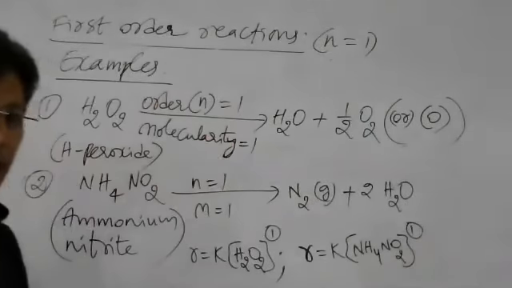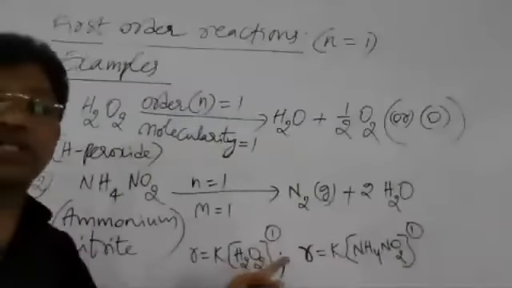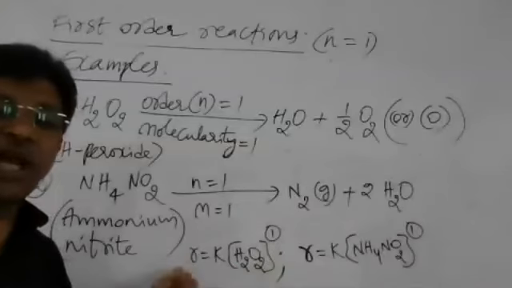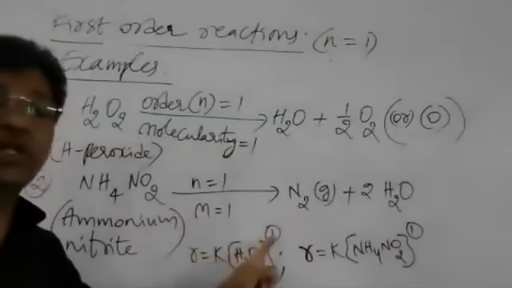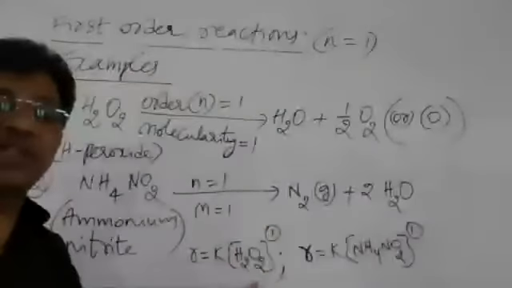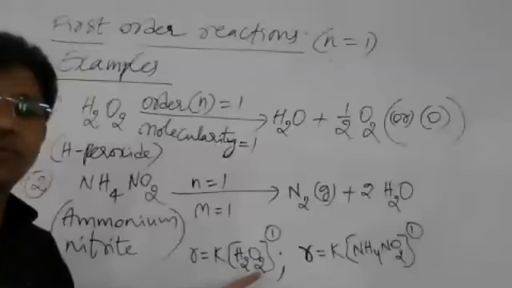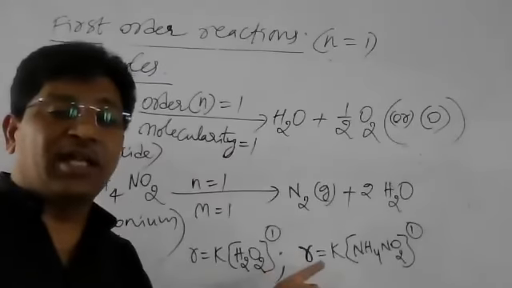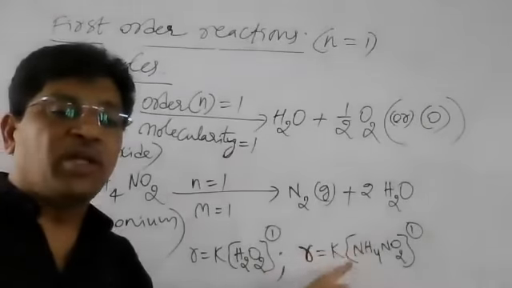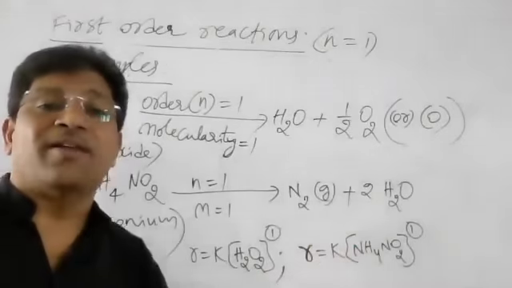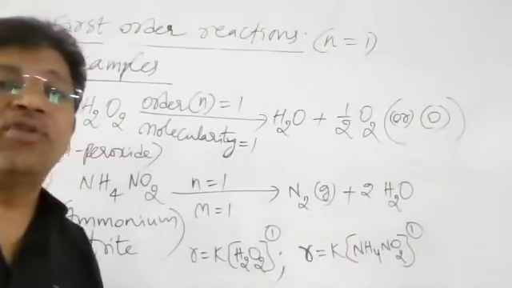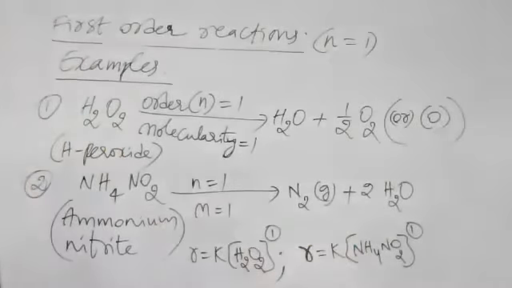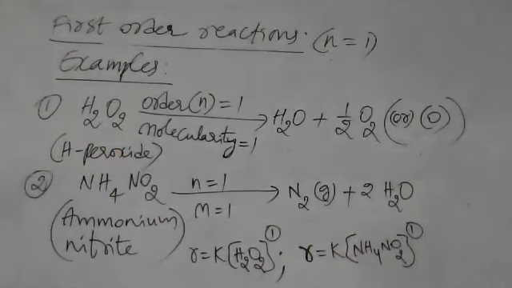Both are first order reactions. Meaning the rate of reaction is directly proportional to the first power of concentration of H2O2. And here also the rate of reaction is directly proportional to the first power of concentration of ammonium nitrite. So these two are examples of first order reactions.